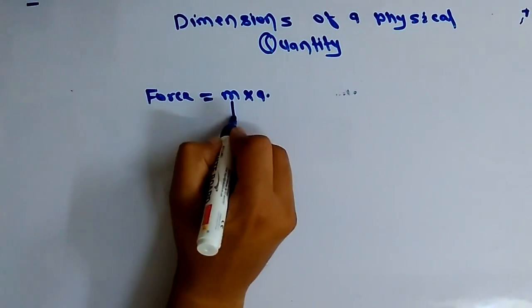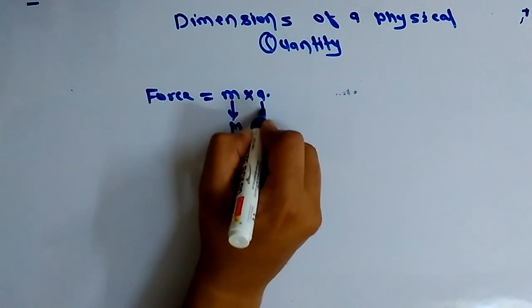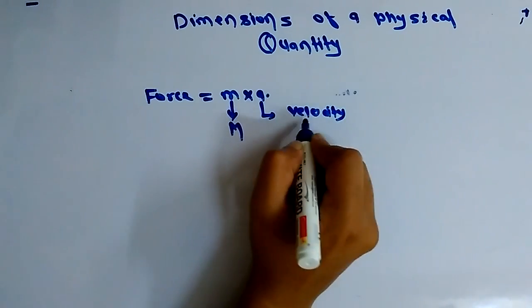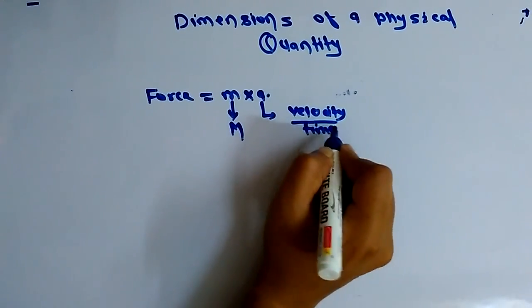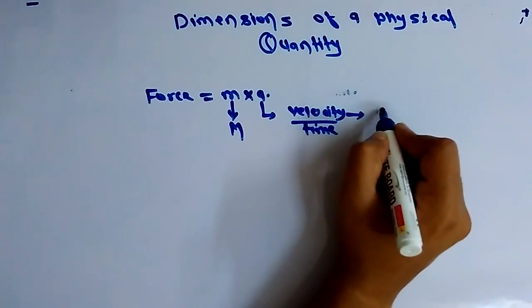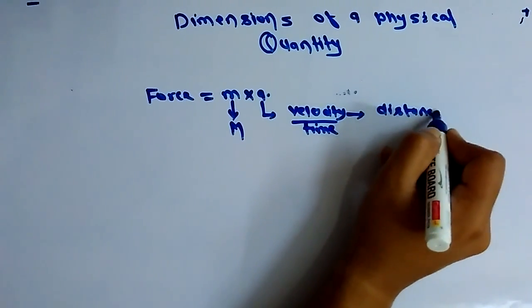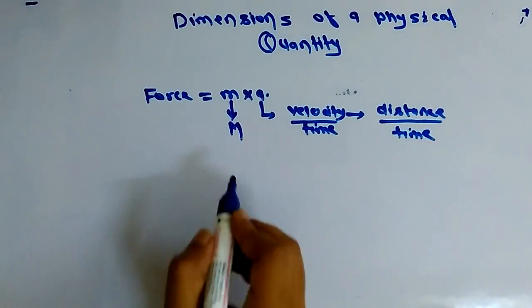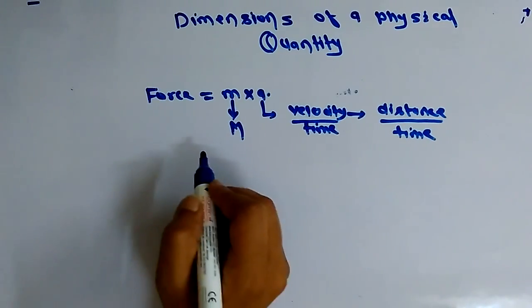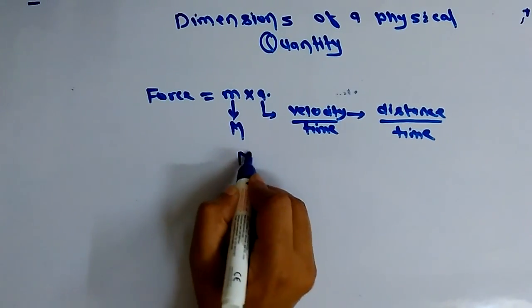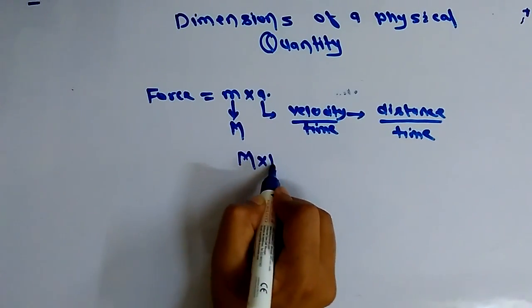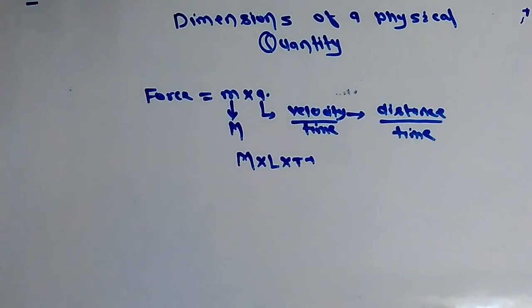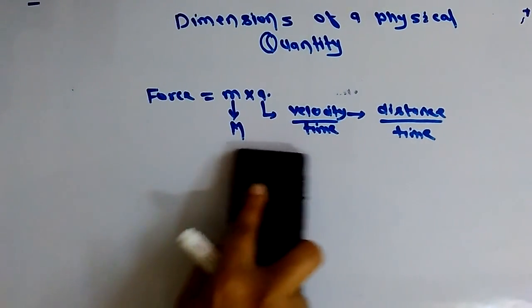The dimension of mass we can write as M, and acceleration is velocity per unit time, and velocity is distance per unit time.